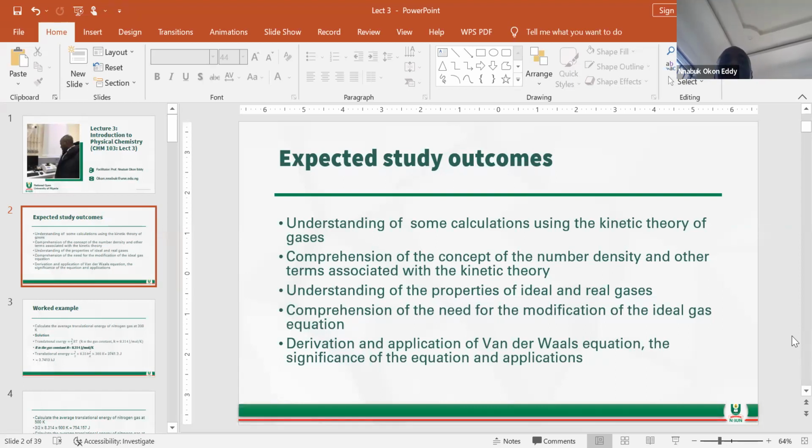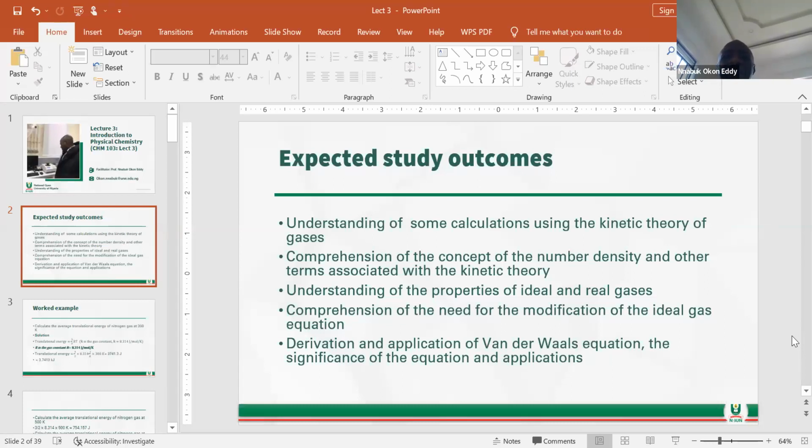Then understanding of the properties of ideal and real gas. I told you last week that there are some differences between ideal and real gases: the ideal gas obeys all the gas laws, but real gases do not. The real gas is what we are actually using. The ideal gas is a model gas used to model the behavior of gas. So to have an actual equation for real gases, we modify the equation for ideal gases.